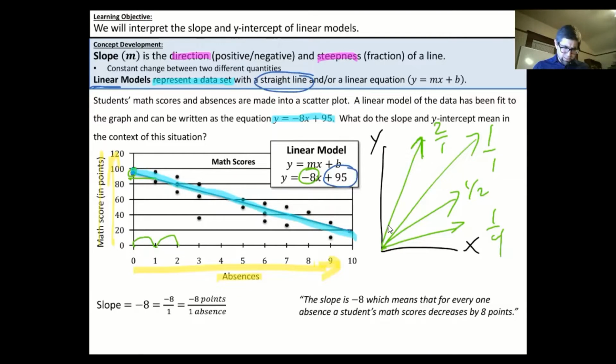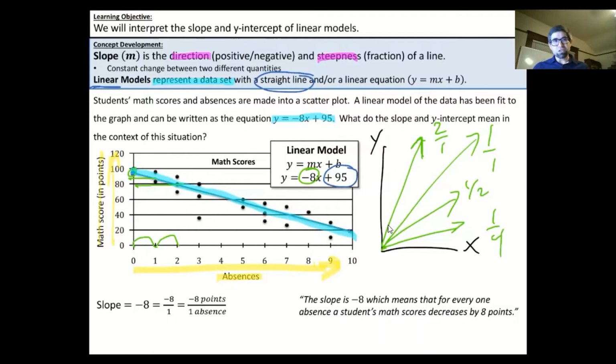Okay, well, let's see what happens if we go up another day, if the days increase again. Here I see that the line is still decreasing from left to right. So now, instead of being at the original 95, I'm at a lower score, maybe 80 or below 80, maybe 70, 78, 79. I don't know exactly, but I can tell that every time I have an absence, my math score is decreasing. Okay, that makes sense.